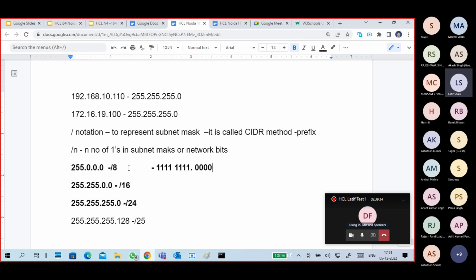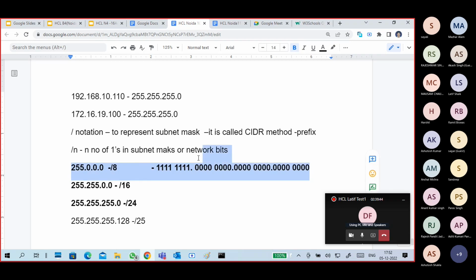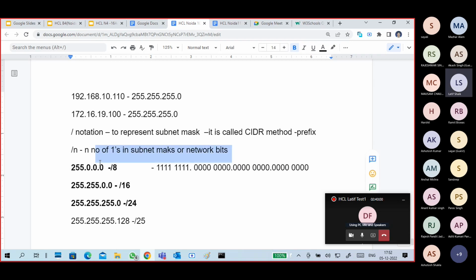Only one I will write. 255.0.0.0, it is /8. 8 means 8 ones.